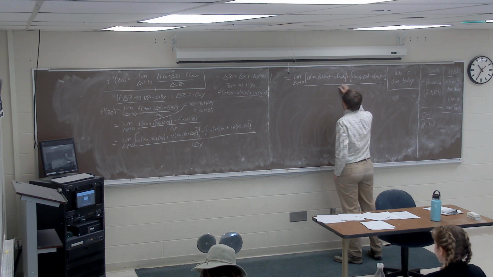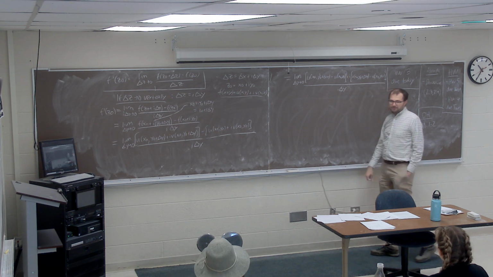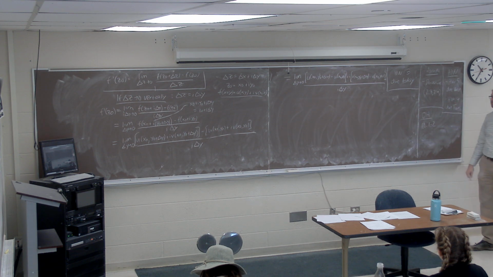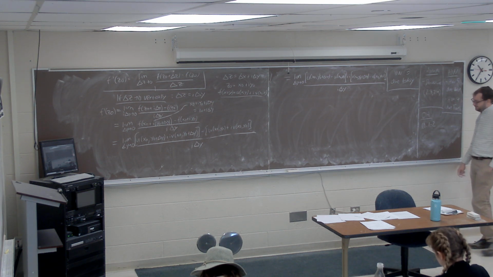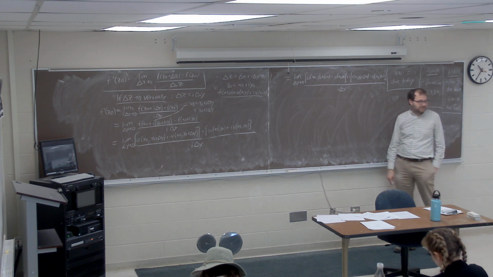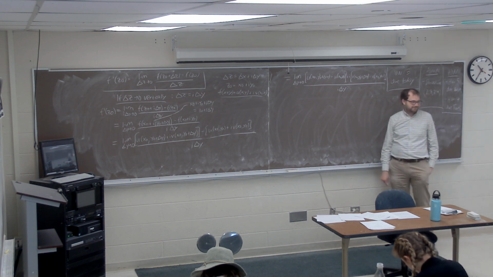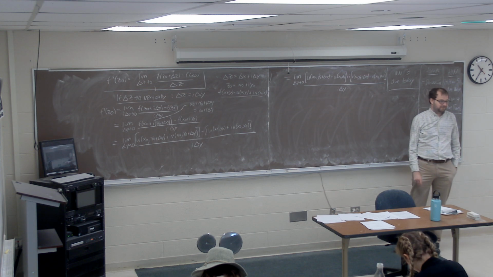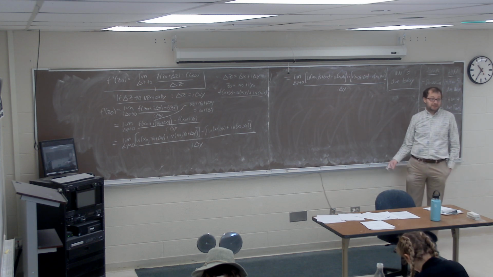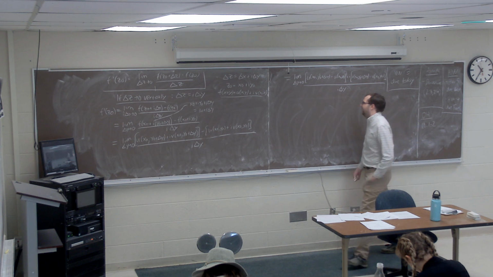All over i delta y. And then, Caleb, any guesses as to where we'll go from here? I think we should split up into 2 limits. Yeah, split it up into 2 fractions and take the limit of each. I like it.